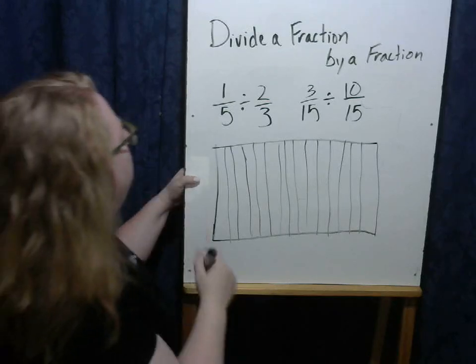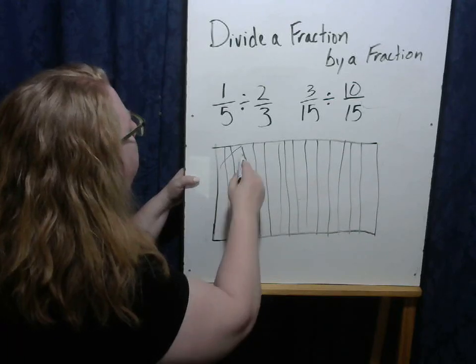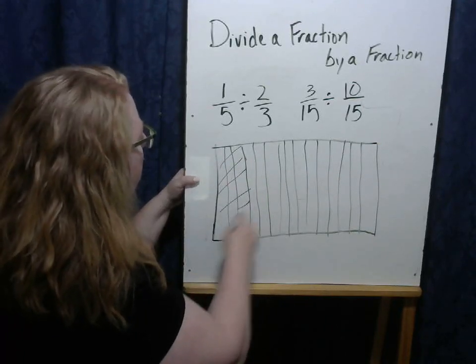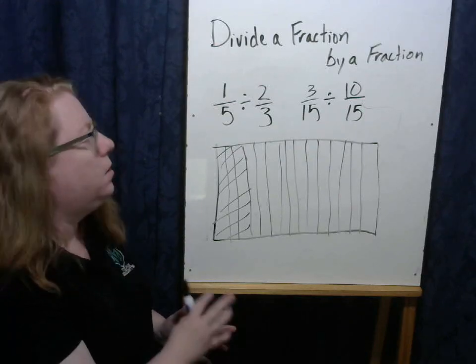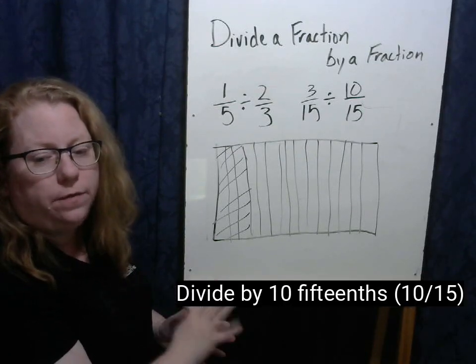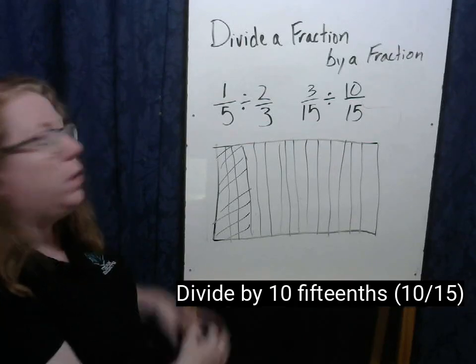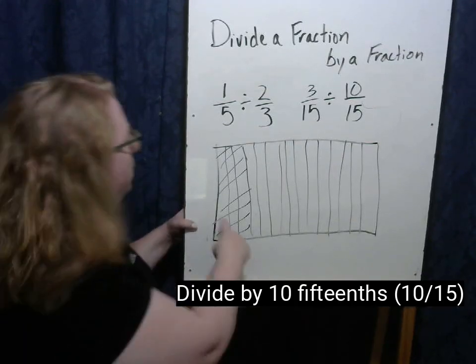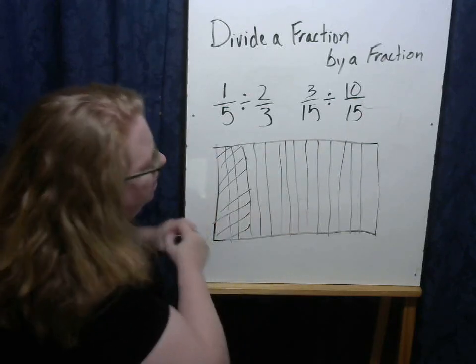Okay, so I'm going to take 3/15. So that would be 1, 2, 3. I'm going to shade those in so I can see them. So now I'm going to take the 3 that is shaded, the 3/15, and divide it by 10. What does that mean? Well, now I'm going to count out by 10. 1, 2, 3, 4, 5, 6, 7, 8, 9, 10.